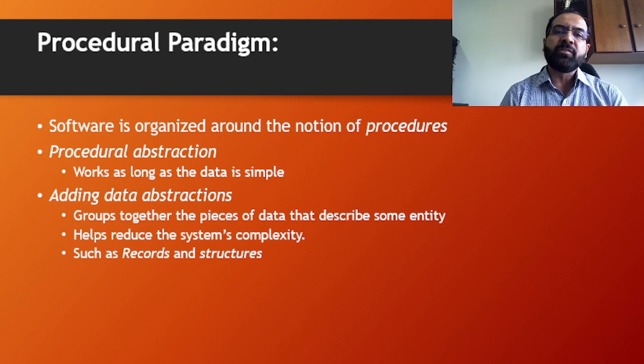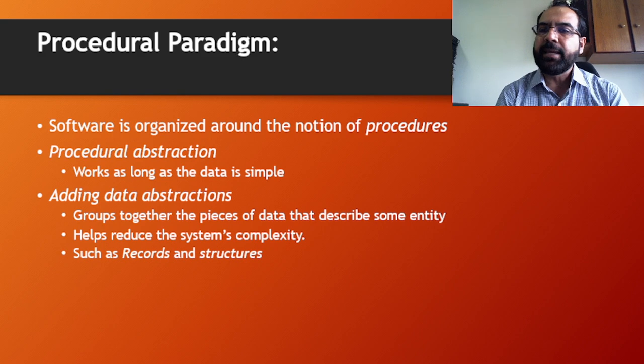So in a procedural paradigm, we are based on the basic concept of a module or a procedure, and we can further develop hierarchies among those procedures, or modular hierarchy.